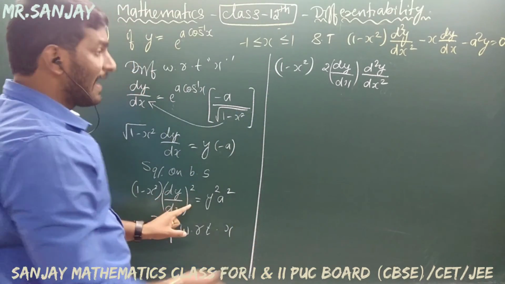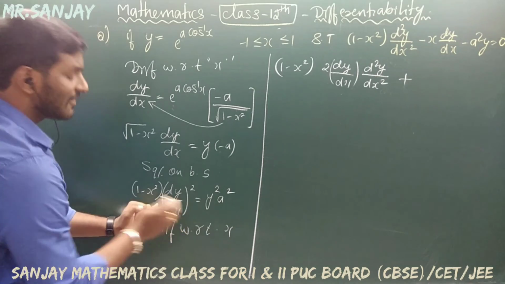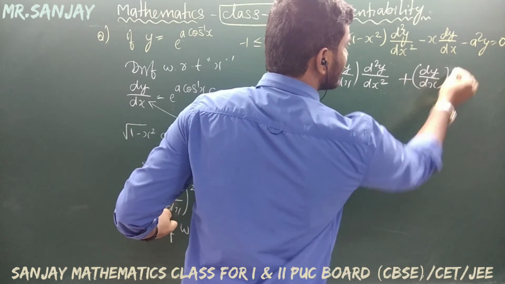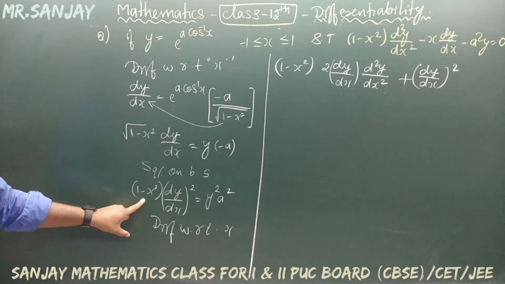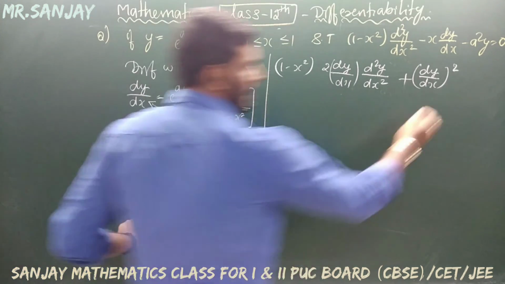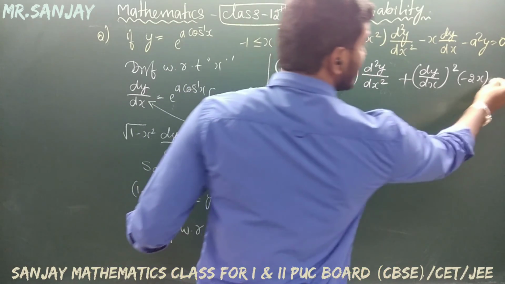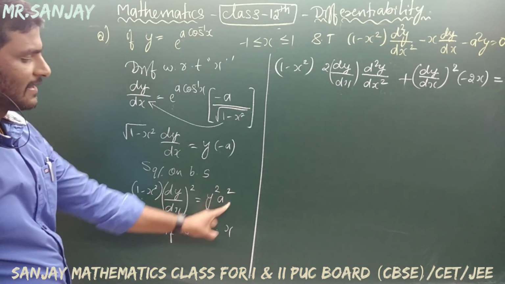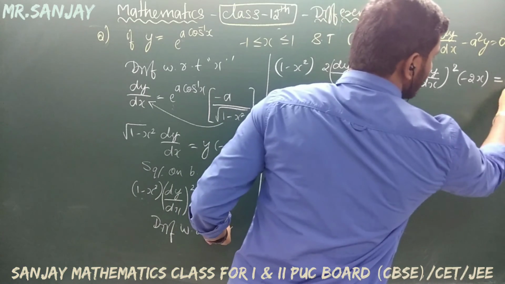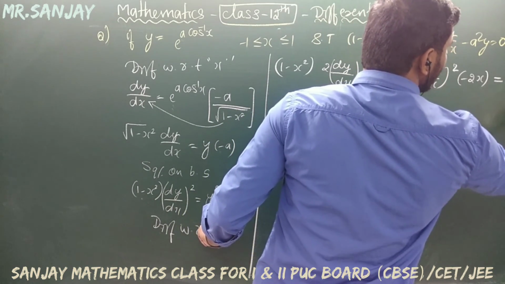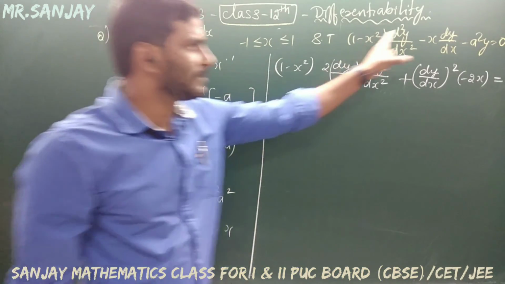And plus second function as it is, dy by dx the whole square, differentiate the first function: 0 minus 2x. And that is equal to, a square is constant, so what is the y square differentiation? 2y into dy by dx.